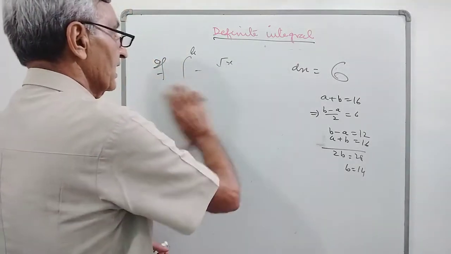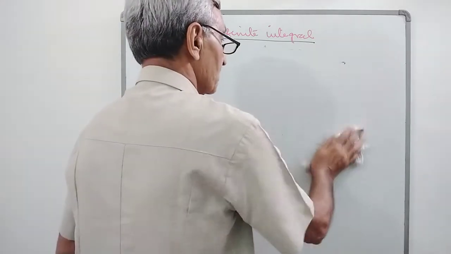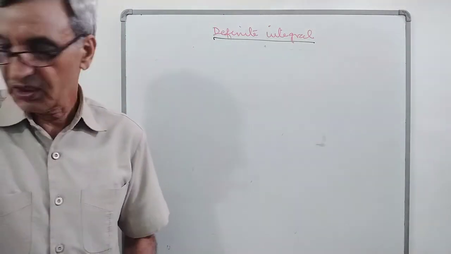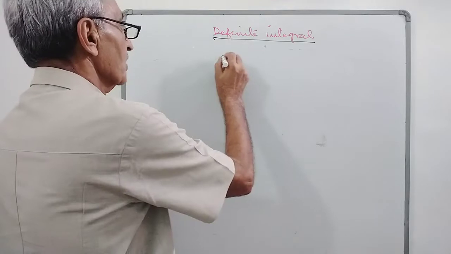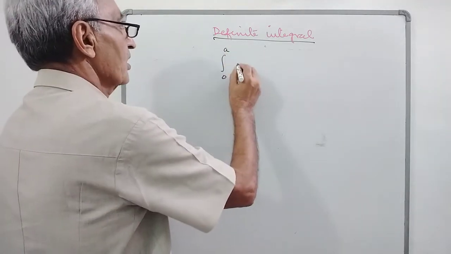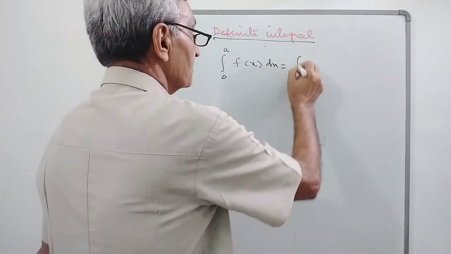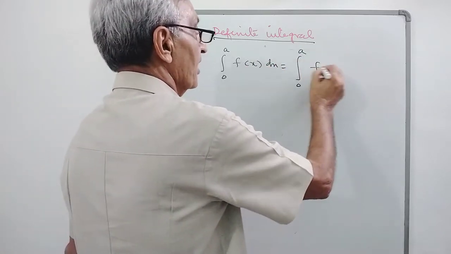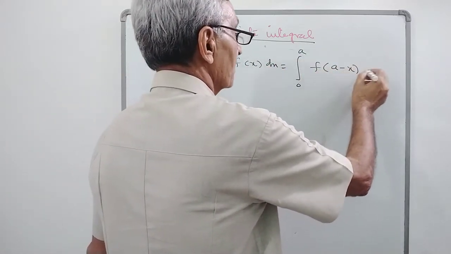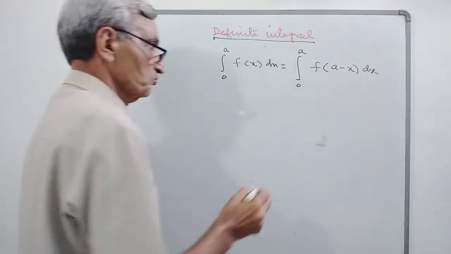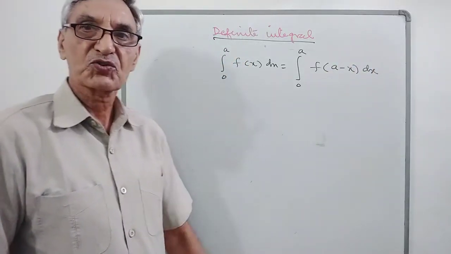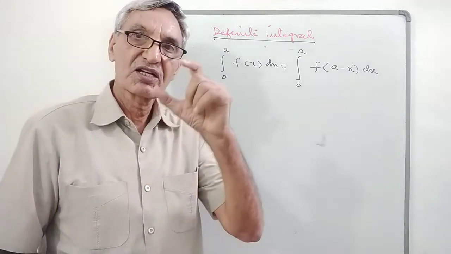Another property I did, which I'm using now, is integral from 0 to a of f(x) dx is equal to the integral from 0 to a of f(a minus x) dx. This was the property of the integral which we have done.